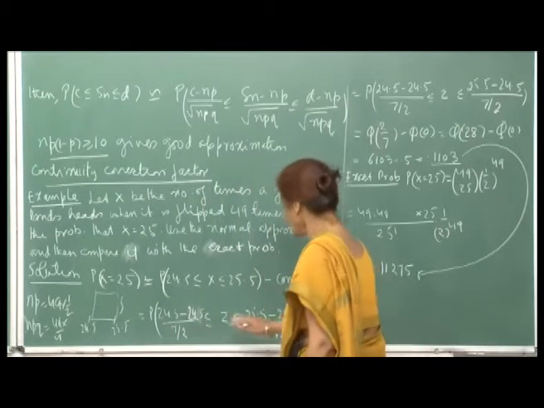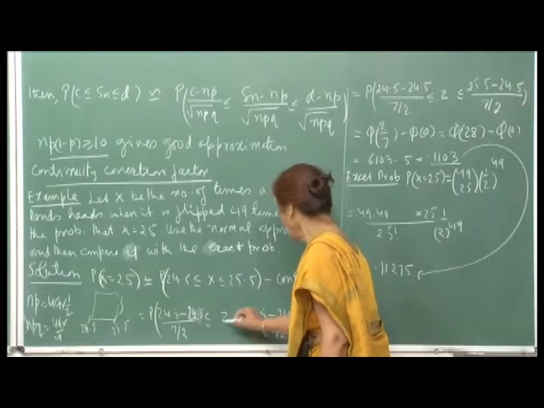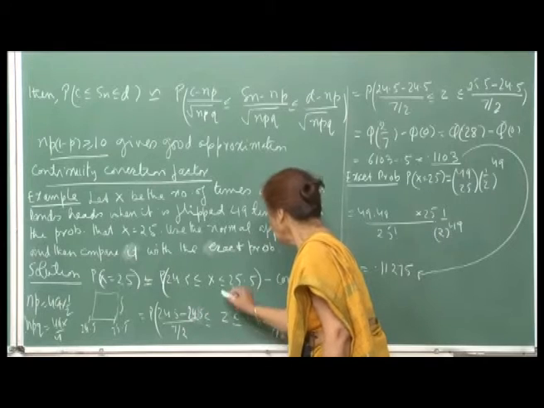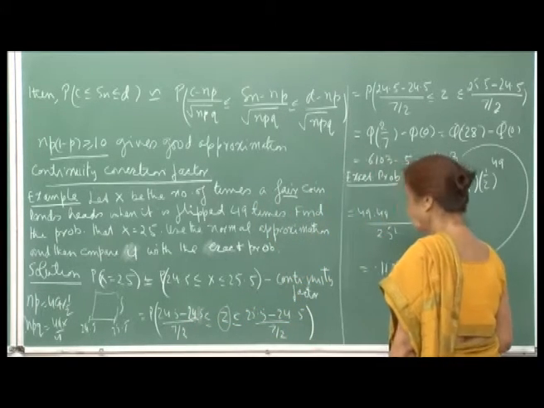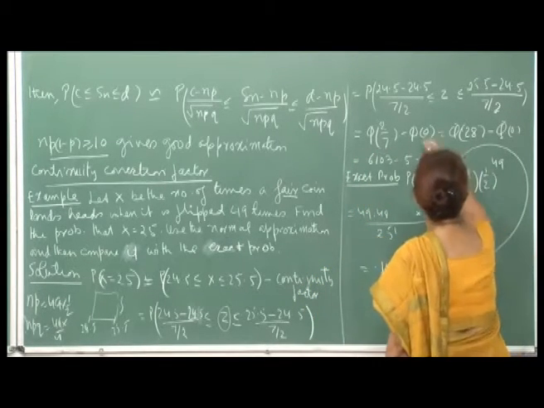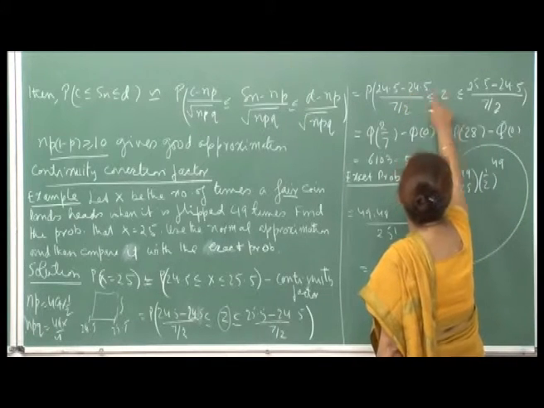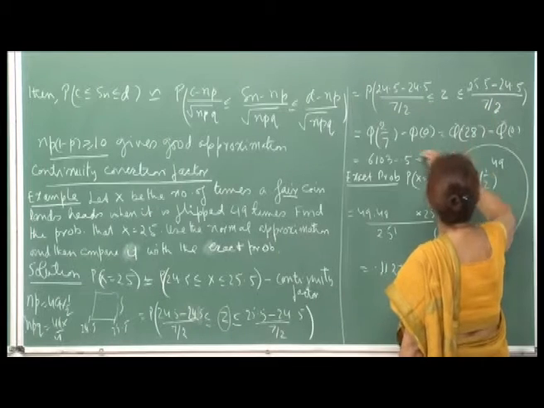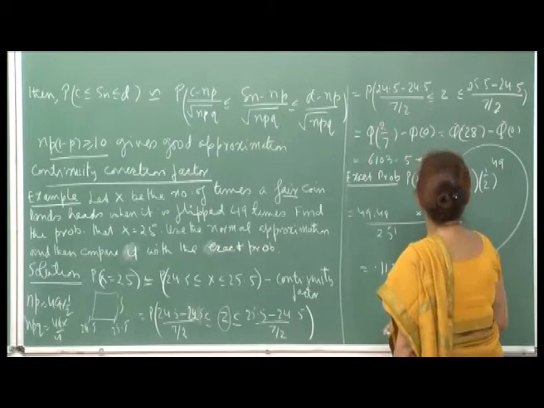Okay. So, this is now standardized. x minus 24.5 divided by 7 by 2 would make it standard normal, and so this is the event for which you want to find the probability. So, the limits become 0 and 1 upon 7 by 2, that is 2 by 7. Therefore, this is equal to phi of 2 by 7 minus phi of 0.